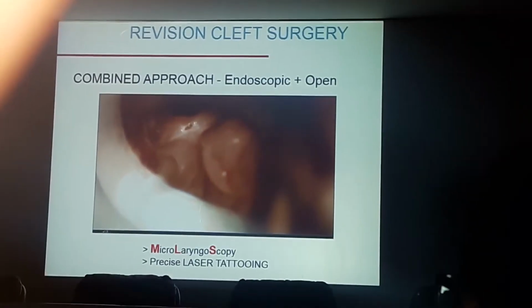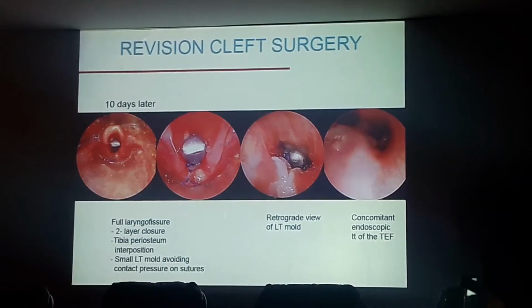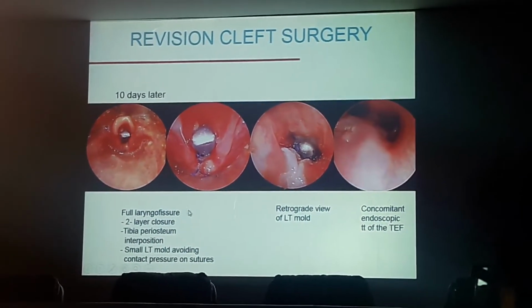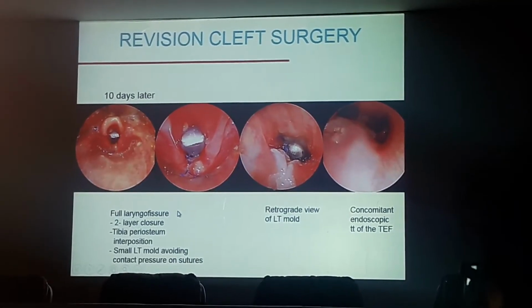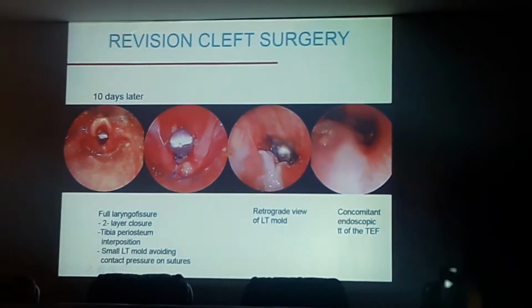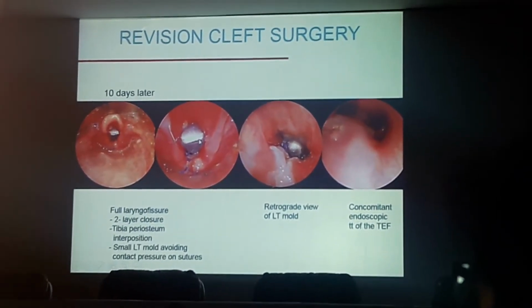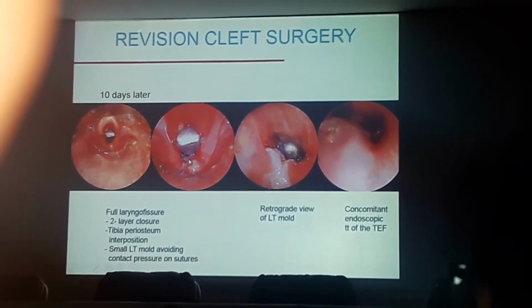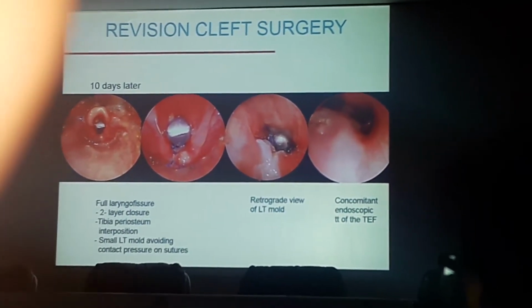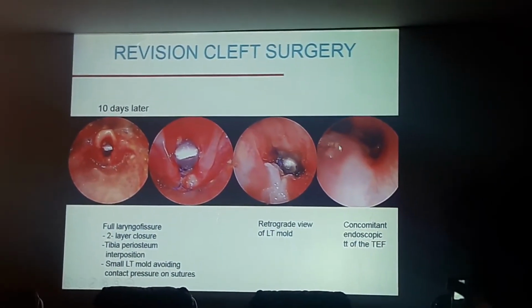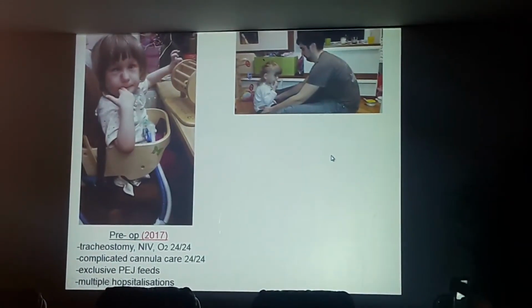Then I can go from outside by doing a complete laryngeal fissure and then closing the cleft in 2 layers, with periosteum or perichondrial connective tissue positioned between the 2 layers. I always like to put a small mold. Now this is not actually touching the closure behind, but just to give a structure to the laryngotracheal framework, and in fact we treated concomitantly the distal tracheoesophageal fistula.